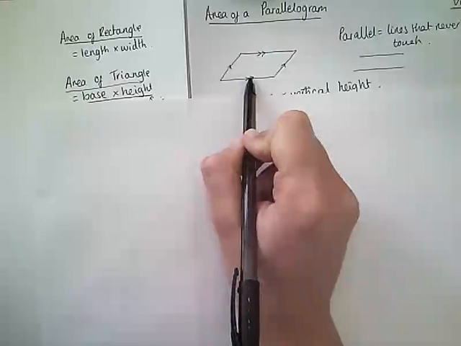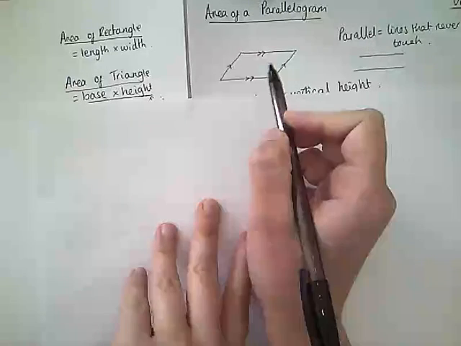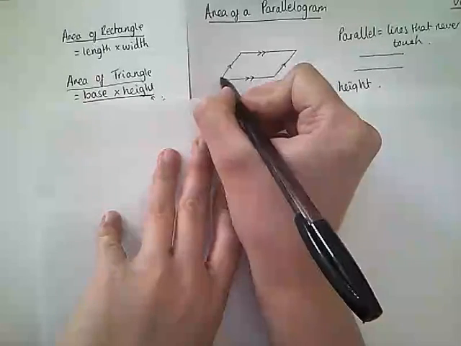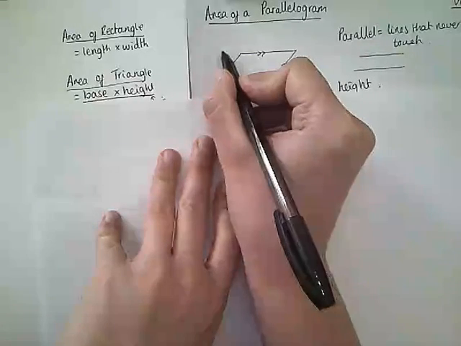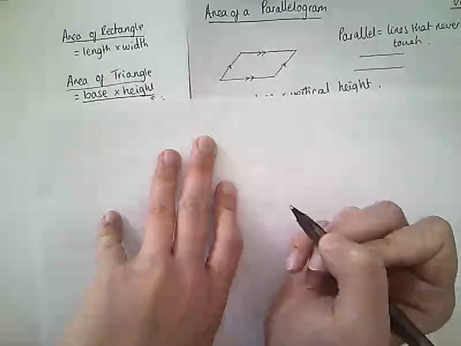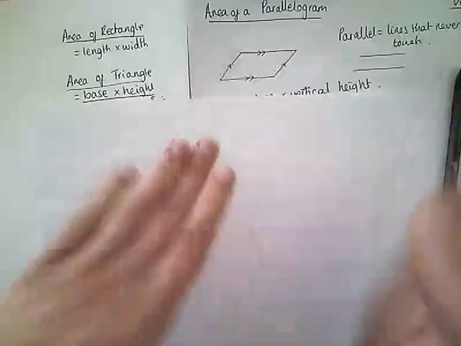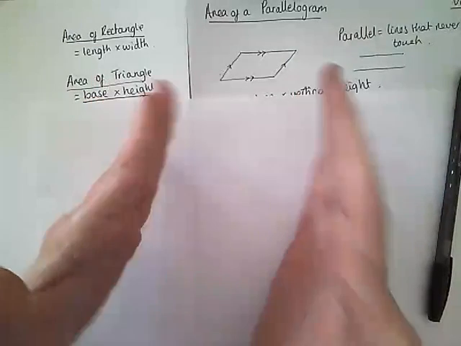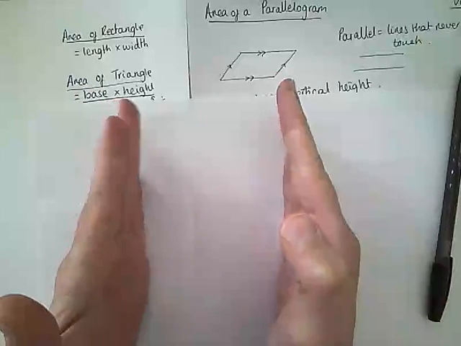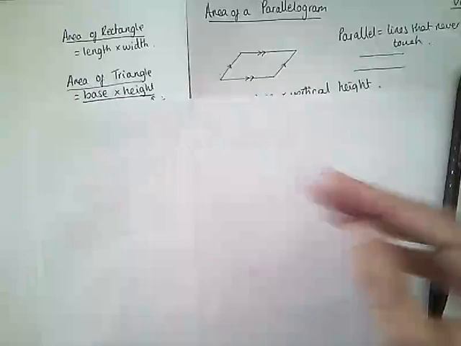Now, I want you to think about a parallelogram as being a rectangle that is slanted, okay? All that's happened is this originally was a rectangle made by those dotty lines, and the rectangle has been tilted on its side, its top has gone over, and it has been made into pairs of parallel sides.